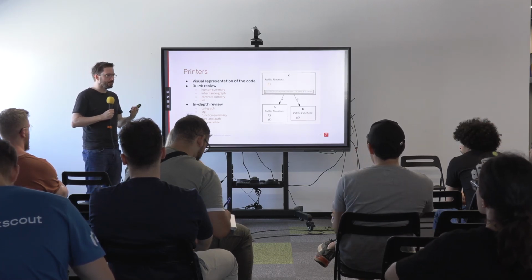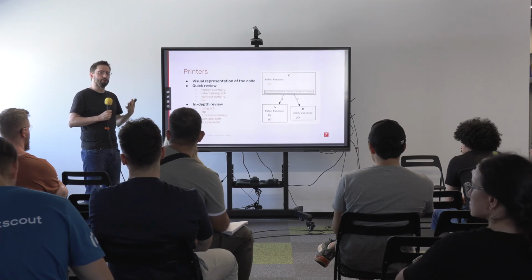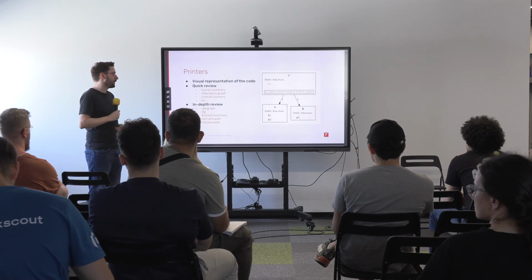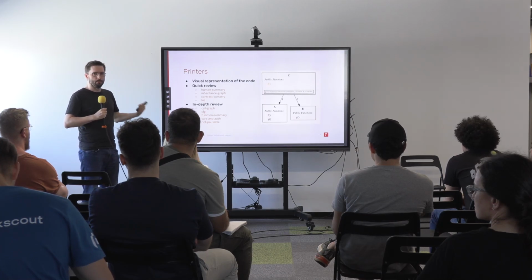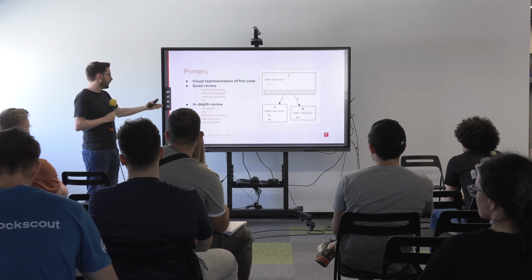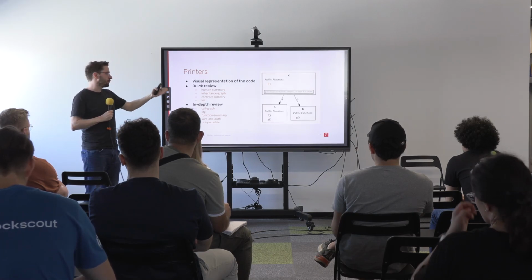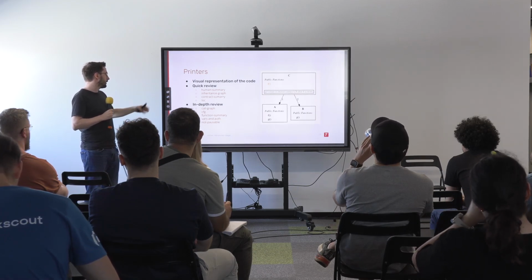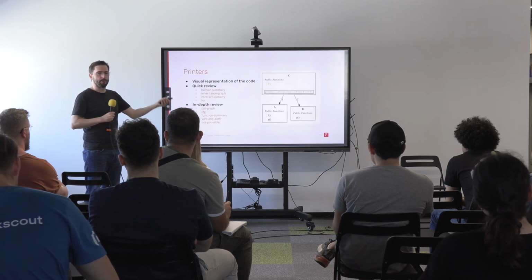And sometimes it's just difficult to represent for yourself where the different functions are, where the different variables are, where everything is coming from. So to help ourselves during audits, we have built a lot of so-called printers to do this type of thing. So we have an inheritance graph, a contract summary, and a couple of additional ones that are a bit more complex.